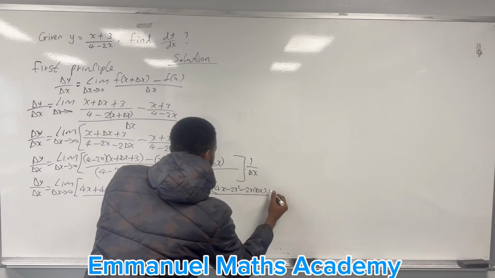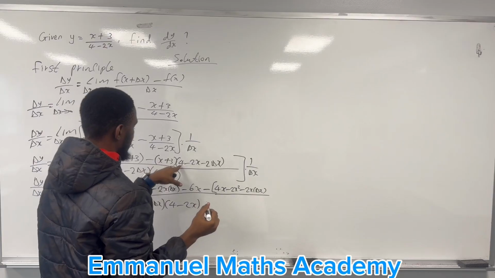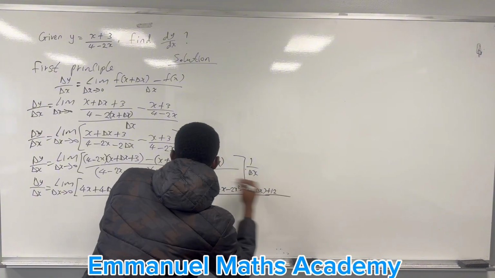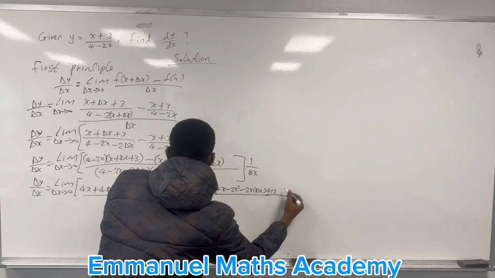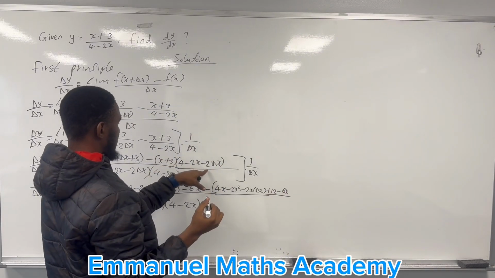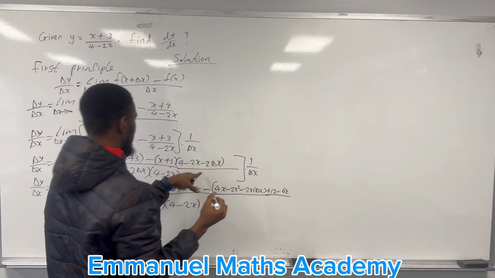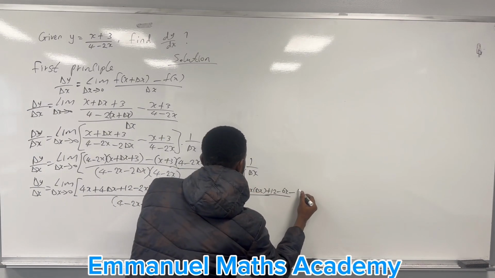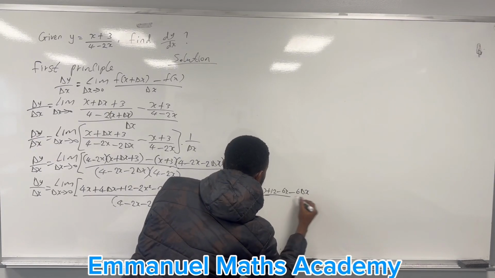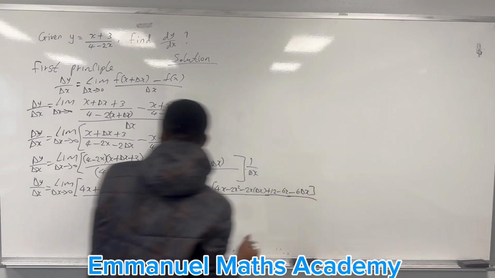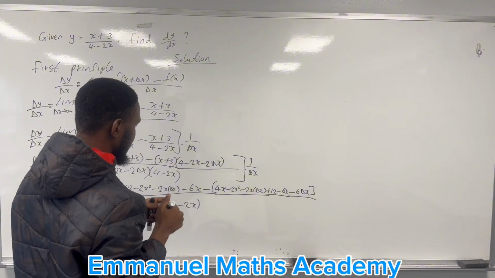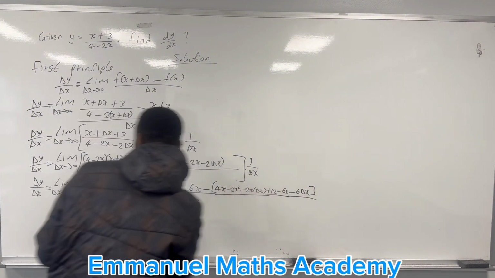Then with this, 3 times 4 gives 12. 3 times the next one gives minus 6x. Then 3 times minus 2 delta x gives minus 6 delta x. Hope I'm correct. Okay, yeah, I am.